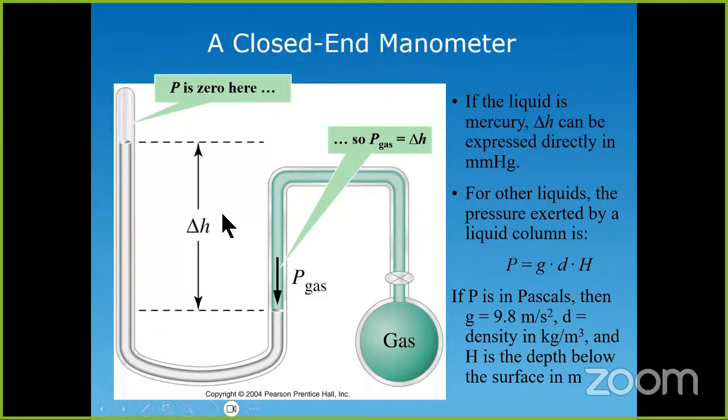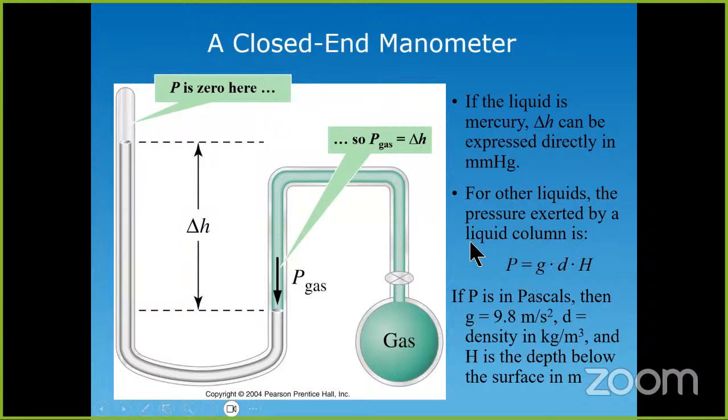So this height here, delta H, will be reflective of the pressure that is exerted right here. The reason we can do that directly is because the pressure here is virtually zero. So the height difference here is due only to the pressure that is exerted by the gas at this side right here.